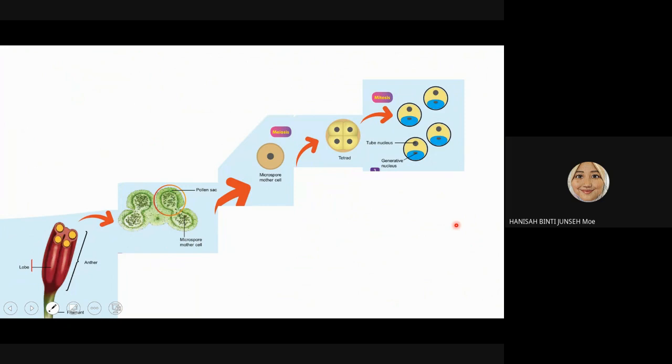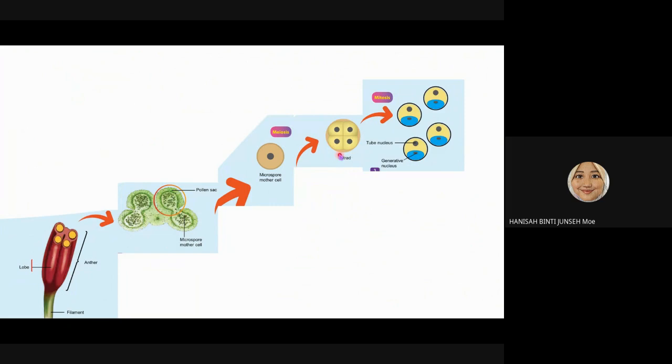In the process of meiosis, from one cell, it will get 4 daughter cells. So this microspore mother cell undergoes meiosis and will produce 4 daughter cells. Now it is called a tetrad.